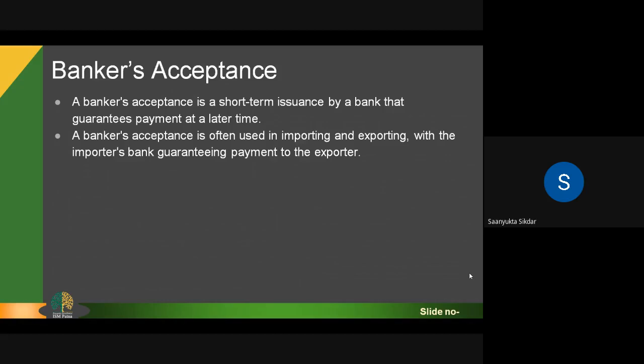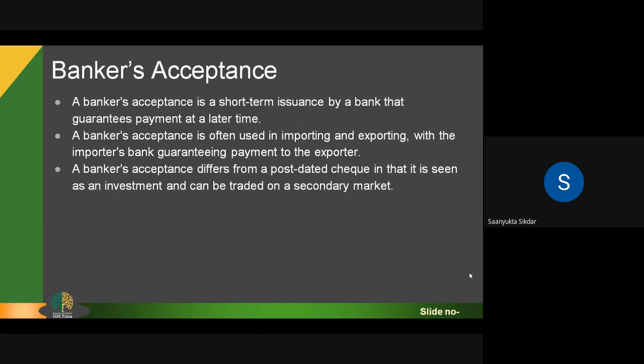It is more or less like a letter of credit, same kind of thing. So when an importer is importing, their payment is basically guaranteed by a bank from the importer side through an acceptance or written note that is passed on to the exporter, and it is termed as banker's acceptance. So in case the importer fails to pay the money, the bank will pay the money.